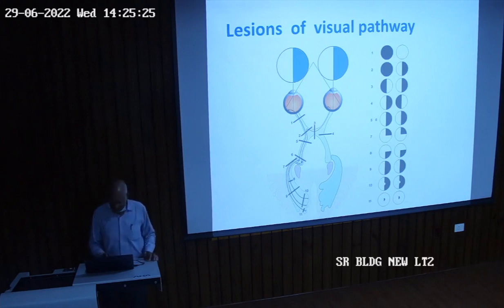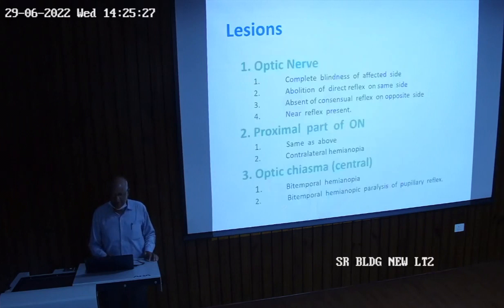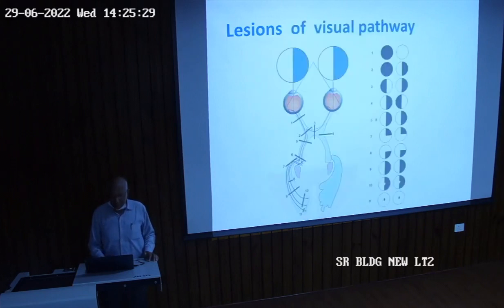Just I am repeating here. Very important. I can ask you to write the lesions affecting the visual pathway, then you have to write the results. Lesion 1, optic nerve: complete blindness, absence of the direct and consensual reaction, but the near reflex is spared.